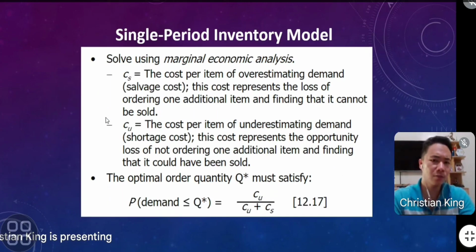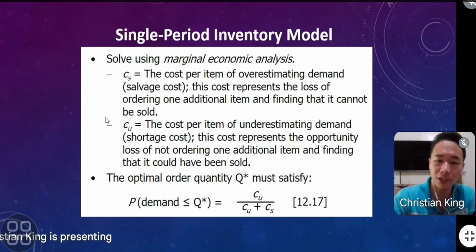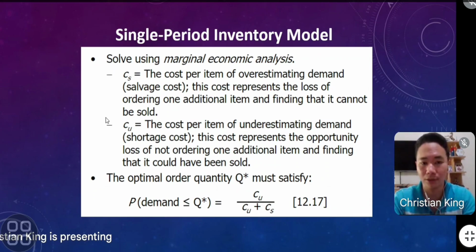For the single period inventory model, there is also a formula using marginal economic analysis to solve, such as C over S, the cost per item of overestimating demand, which is the salvage cost and represents the loss of ordering one additional item and finding that it cannot be sold.